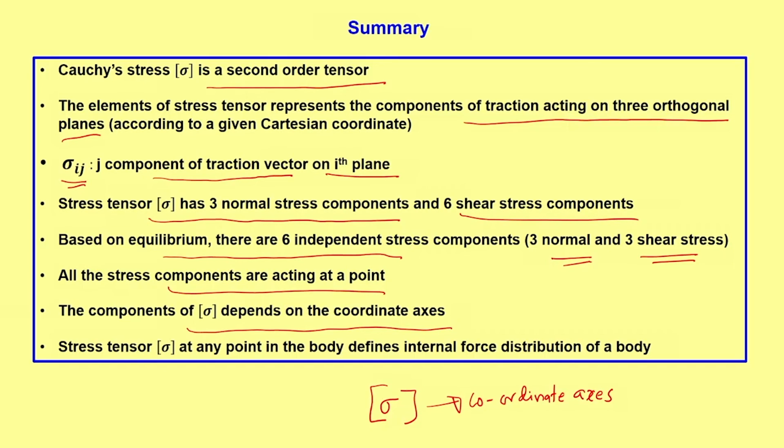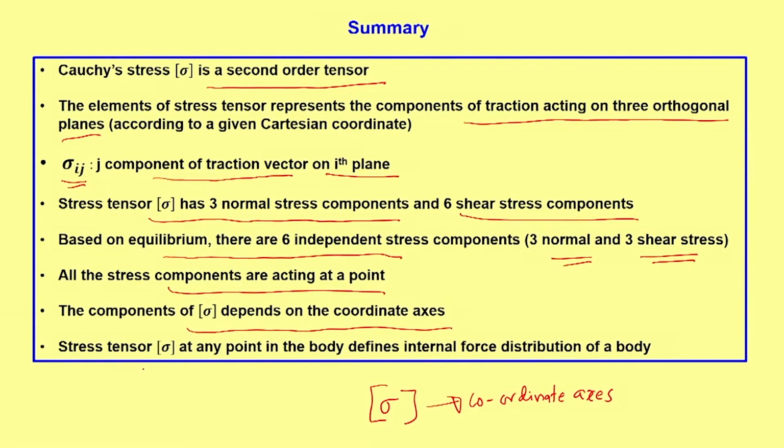So, there is a distinction which needs to be very clear. One should not get confused between sigma as a whole and the components of sigma. Sigma as a whole is not dependent on any axis, but the components of sigma keep changing, while the overall sigma representation of internal force remains the same. Depending on the reference axis, the components' magnitude or value keeps changing.